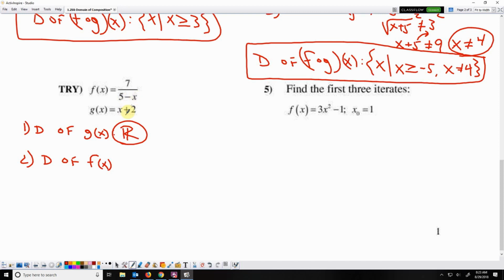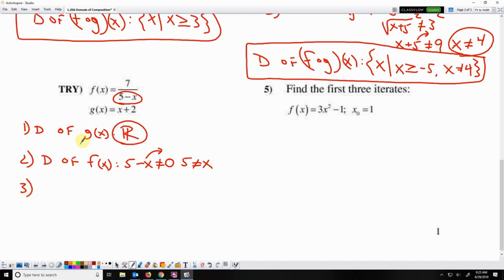I've got a variable in a denominator. 5 minus x cannot equal 0. I'm going to move that x over to the other side. So 5 cannot equal x, or x cannot equal 5. And that's step 2. It is not all reals. That tells me go on to a step 3.